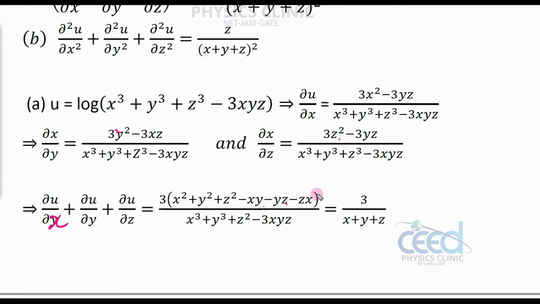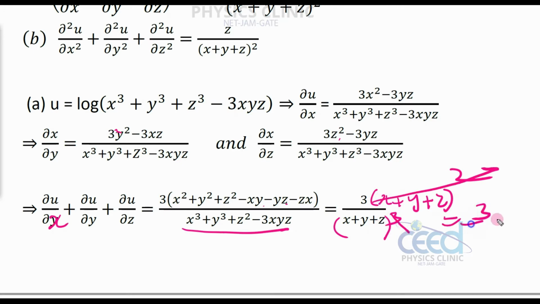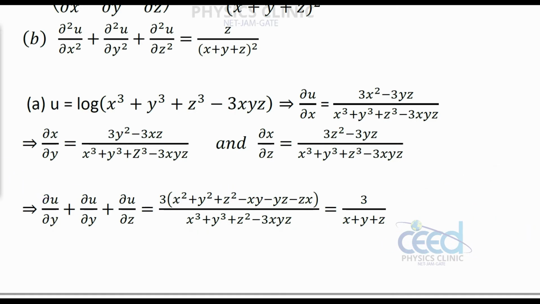This we know is x plus y plus z whole square, right? And the other term we can write as x plus y plus z whole cube, right? Then this cube and this square term will cancel, so that is equal to 3 by x plus y plus z. So we got dou u by dou x plus dou u by dou y plus dou u by dou z equal to 3 by x plus y plus z.